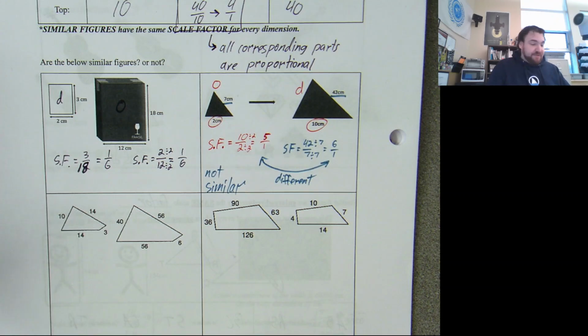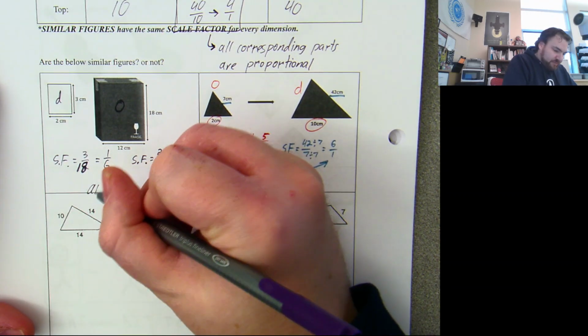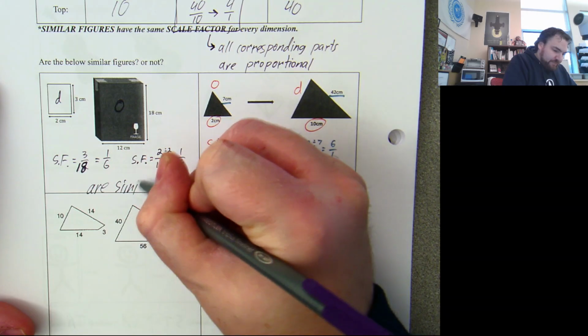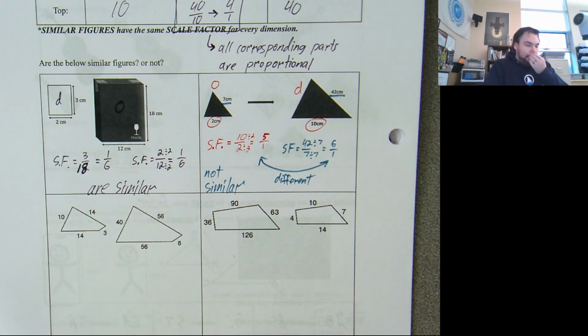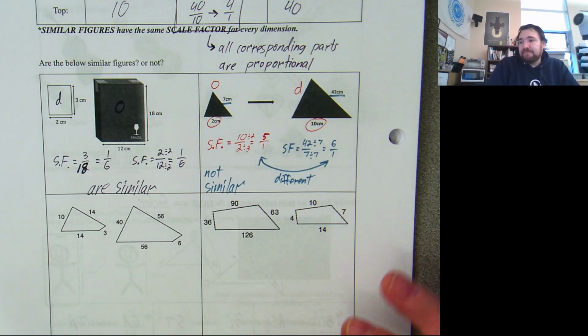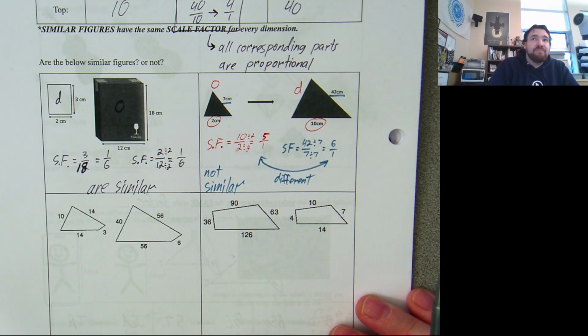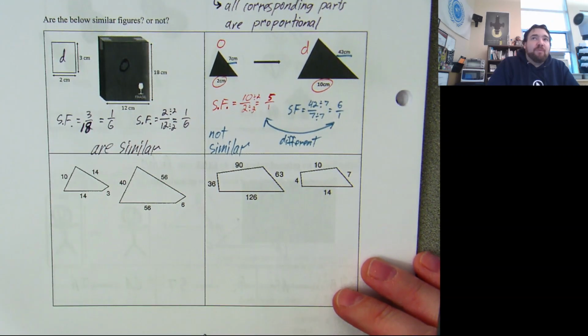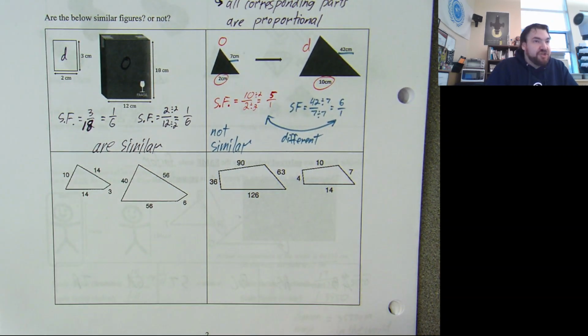We can actually go back and answer this. These are similar in the first one. When we're given more than one dimension, we have to check all of the dimensions.